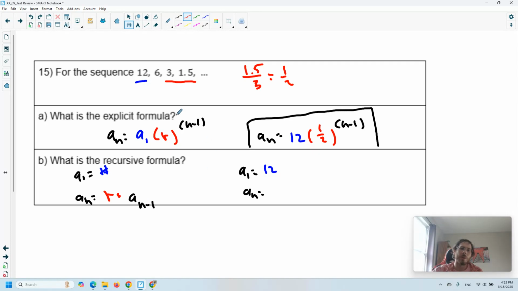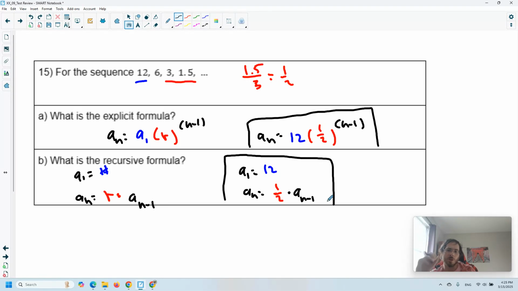And what we're multiplying by is going to be, again, this 1/2 that we have. So we get 1/2 times a sub n minus 1. And again, the answer to that one is two equations, just like we did back in Unit 3 when we did the arithmetic sequences, geometric sequences. We've got the explicit if we just want to plug in right away, and the recursive if we just want to cycle through and eventually get to our answer.